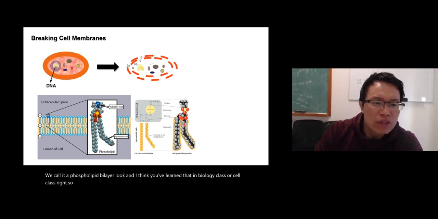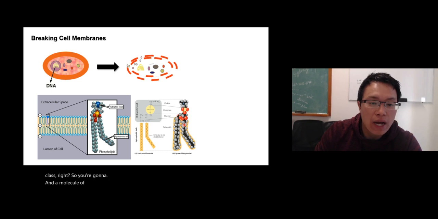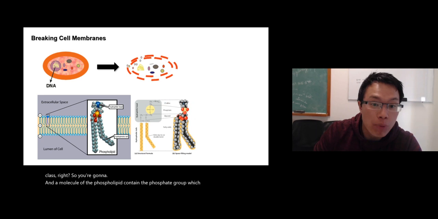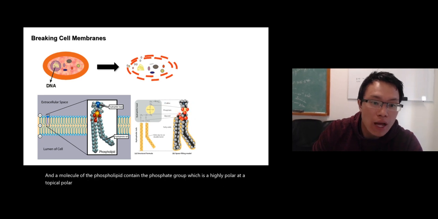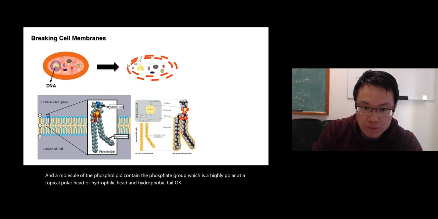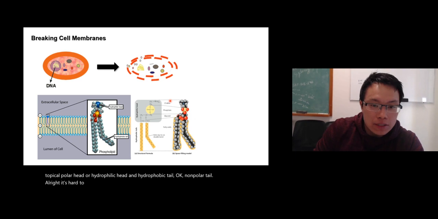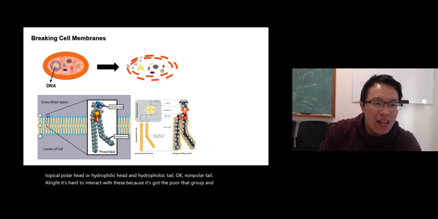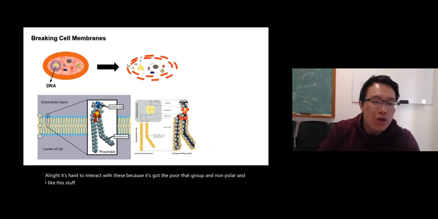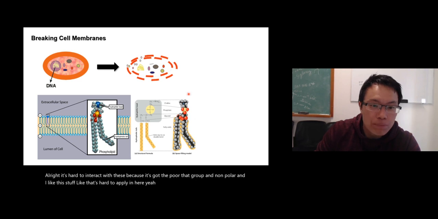A molecule of the phospholipid contains the phosphate group, which is highly polar, at the top. We call it the polar head or hydrophilic head, and a hydrophobic, non-polar tail. It's hard to interact with this because it's got the polar group and the non-polar group, two opposite polarities.